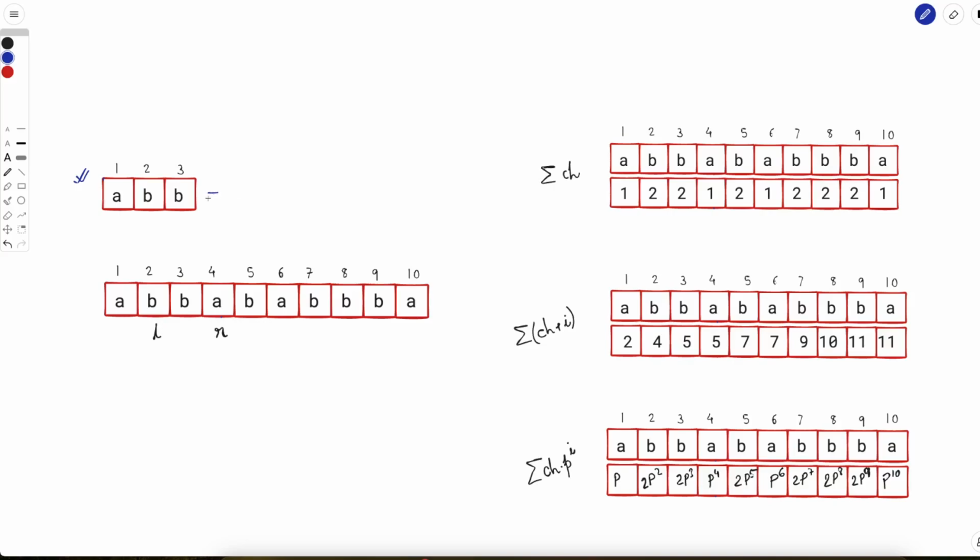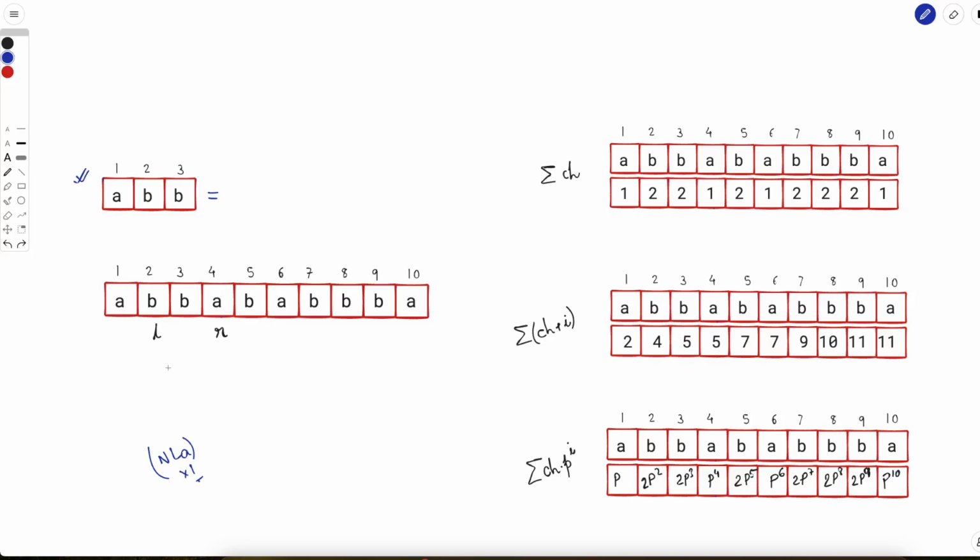If we keep on matching character by character, it will take order n into LA time, right? Now we can't afford this LA here. We have to somehow make it order n into 1 or some constant factor.